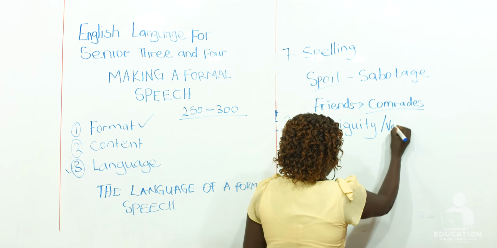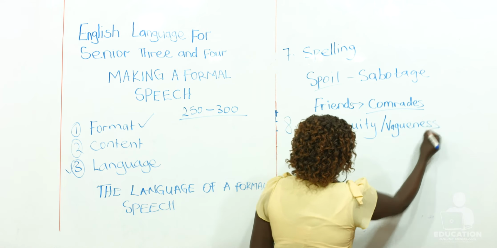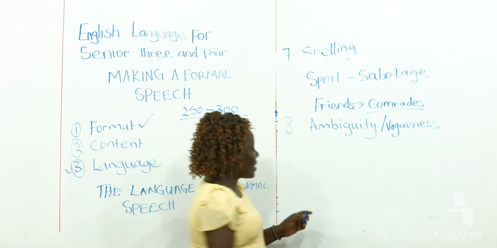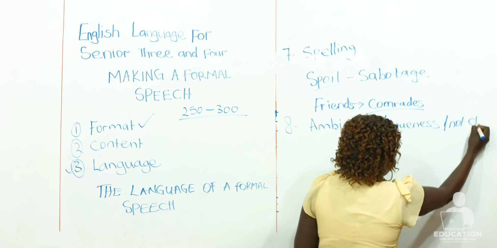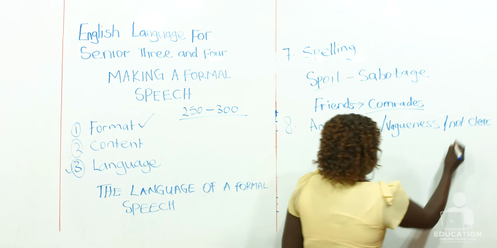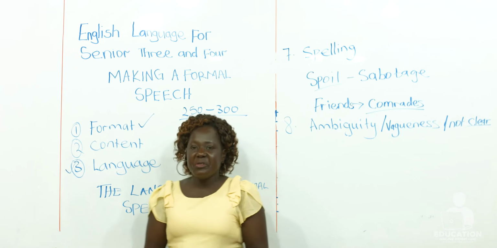Vagueness is what we call ambiguity. When something is not clear. This is what we call ambiguous expression.